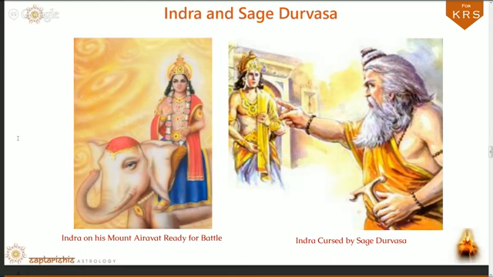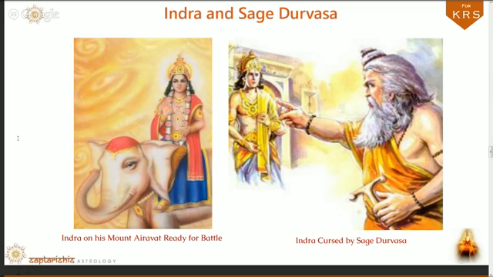She has a brilliant celestial garland on her neck, and he was on Mauna Vrat, which means he is not speaking. He is in sadhana. He just points at it, as if saying, I want your celestial garland. He takes that garland, puts it on his head, and goes traveling again.